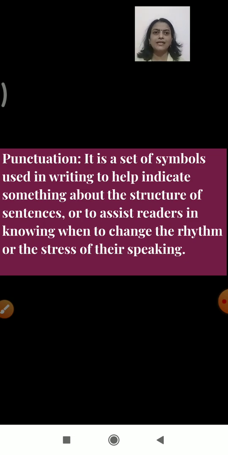Okay, so in short, it tells the reader what to do while reading, whether to stop or to slow down, or we have to take a pause. Okay, so the punctuations help us in doing all these things. Fine? Okay, now let's start with our punctuation marks.